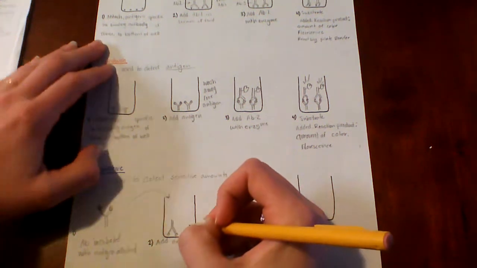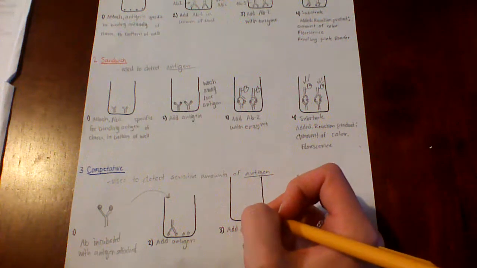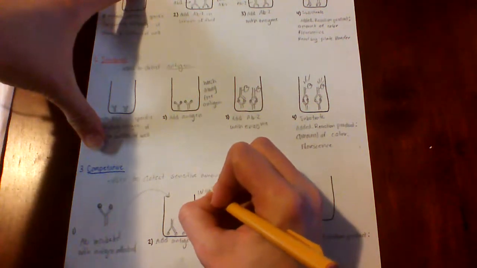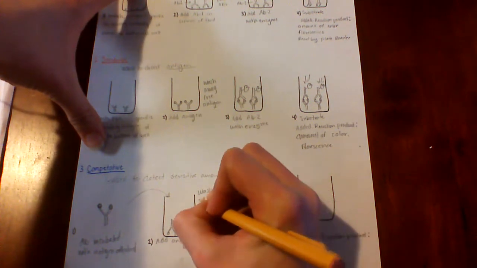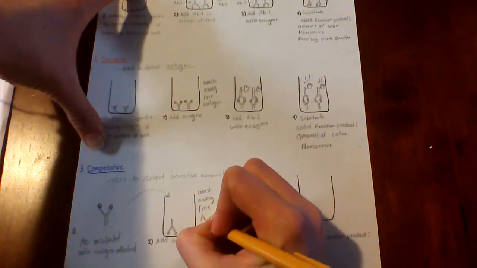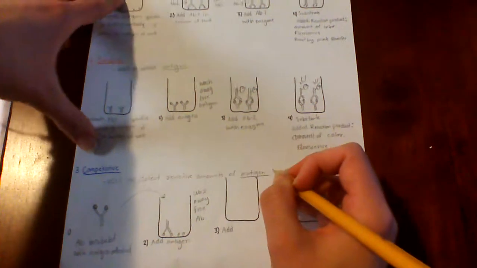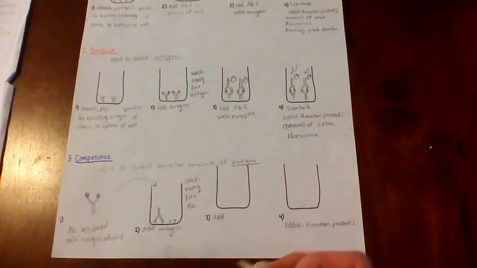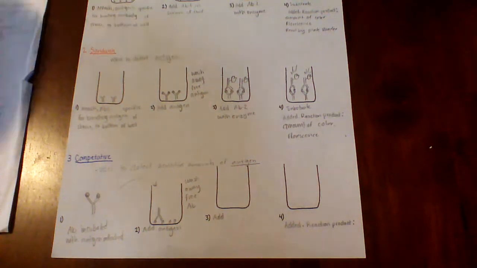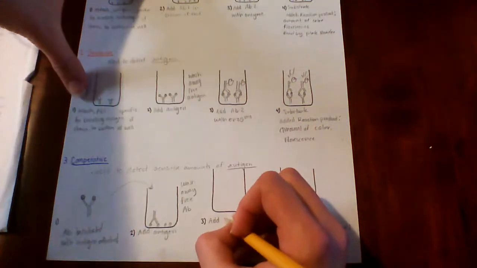It binds to the antigen of choice. So then the free antibodies are washed away. So a secondary antibody with an enzyme attached that's specific for the antibody 1 isotope is added in step 3.